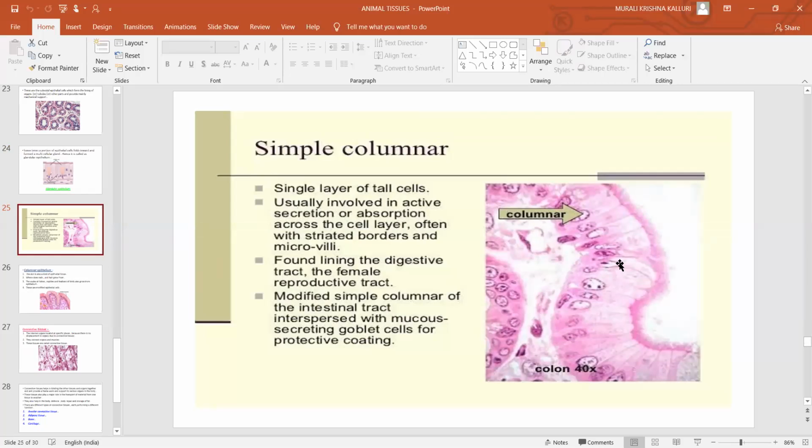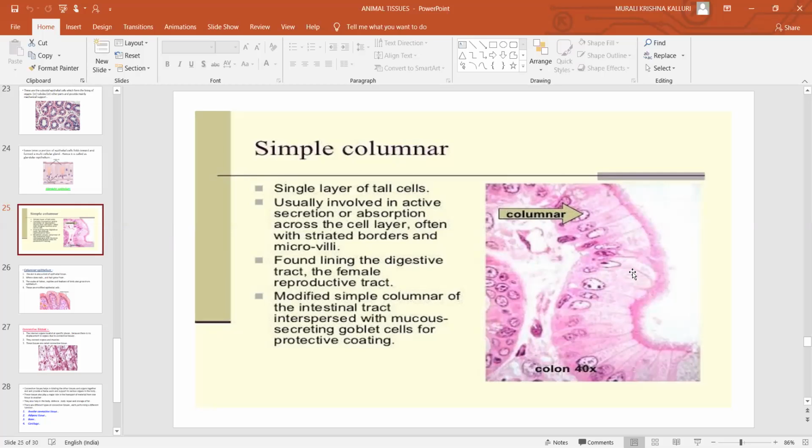This is the columnar epithelium. The columnar epithelium forms a single layer. The cells are very tall, and are usually involved in active secretion or absorption across the cell layer.